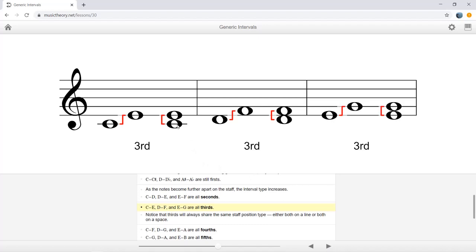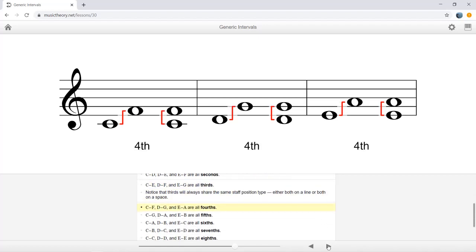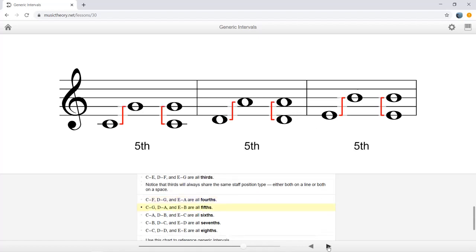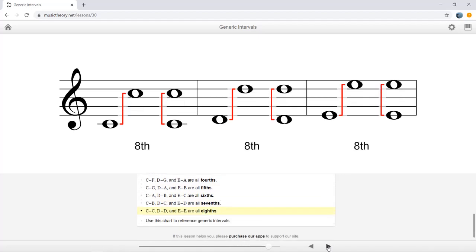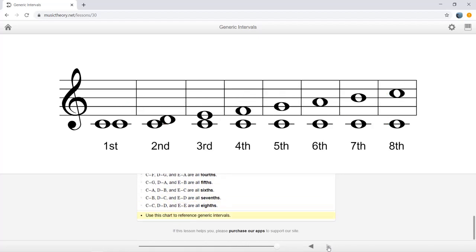You're going up 1, 2, 3. You get the fourths, same thing. 1, 2, 3, 4. Fifths, sixths, sevenths, eighths or octaves, right? And here they are in line.